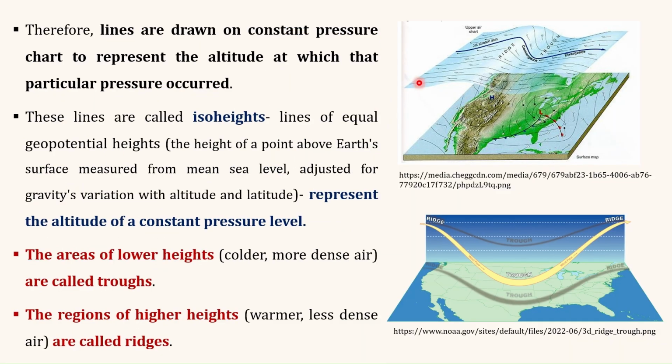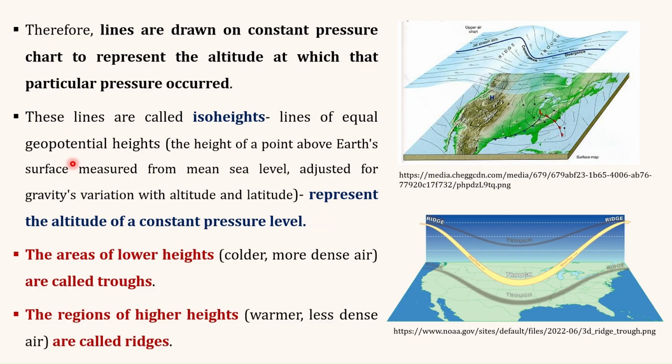As the altitude for a particular pressure varies with the temperature of the atmosphere, lines are drawn on the constant pressure maps to represent the altitude at which that particular pressure occurs. These lines are referred to as isoheights. So these are lines of equal geopotential heights, and they represent the altitude of a constant pressure level.